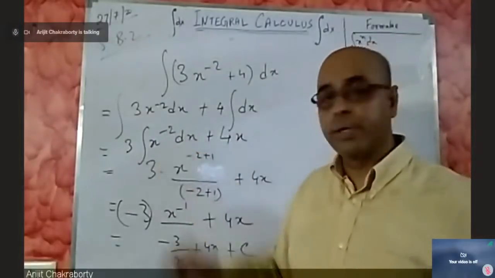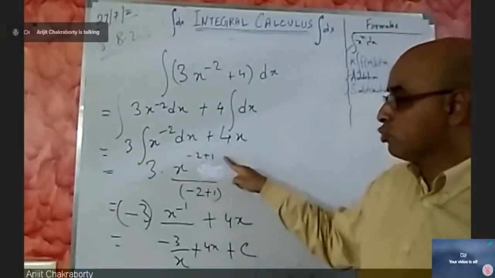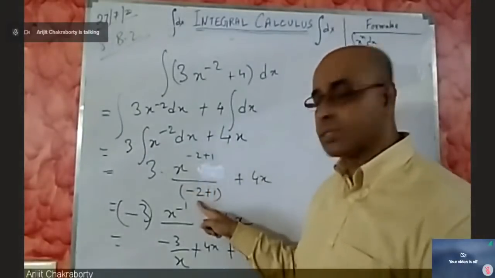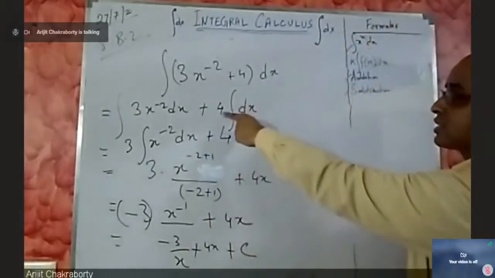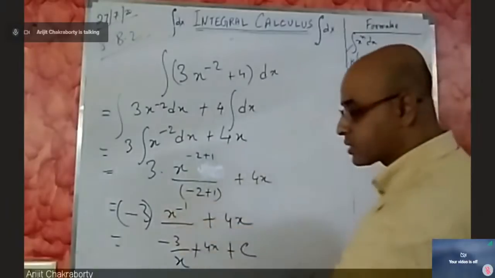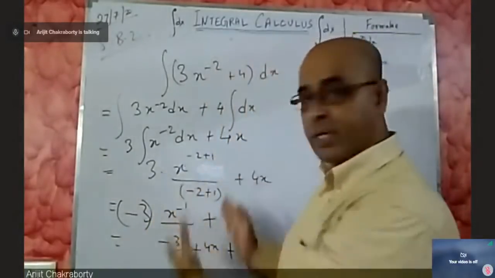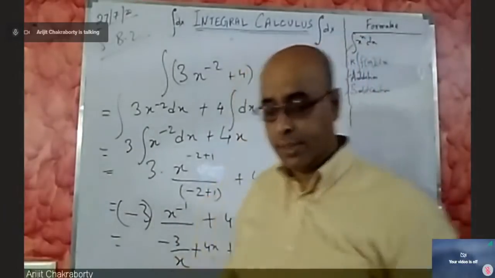So in this case we use the power function rule, and it becomes x to the power minus 2 plus 1 divided by minus 2 plus 1, plus this 4 dx becomes 4x. And the rest is naturally following using simplification of the given expression.